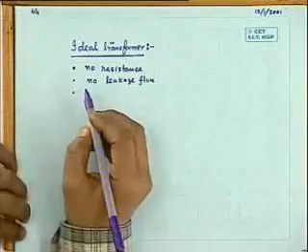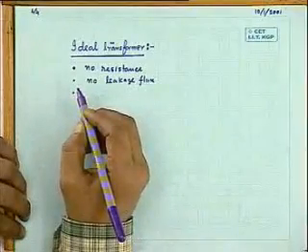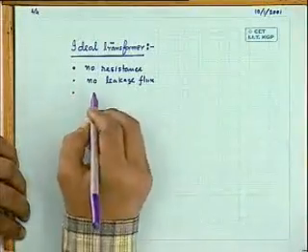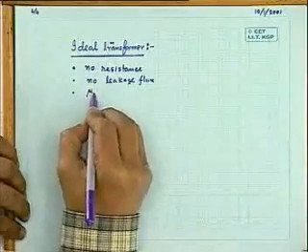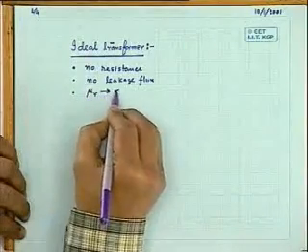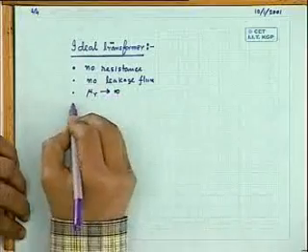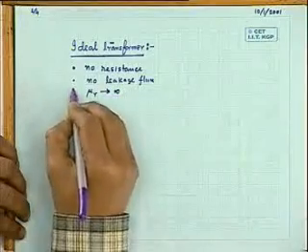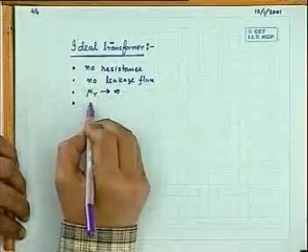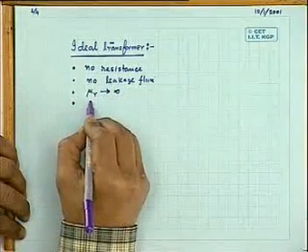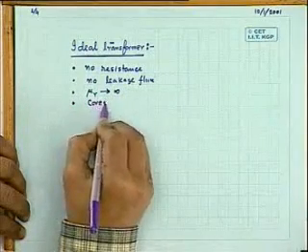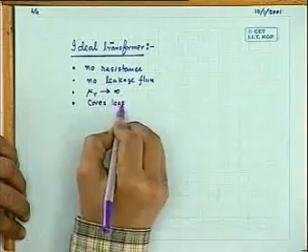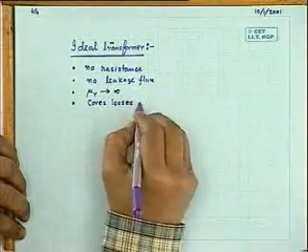The permeability of the core material is quite large, that is mu r tending to infinity. And another point, I do not know whether I wrote it or not: core losses are neglected.